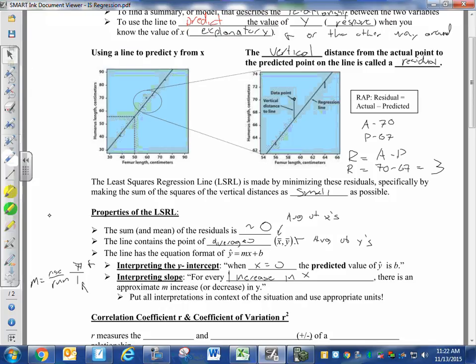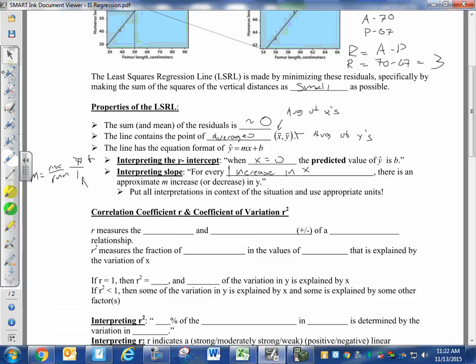Okay, now let's talk about variance. We know about R. R is the correlation. It's the strength and the direction of a linear relationship. R squared is what we call variance.